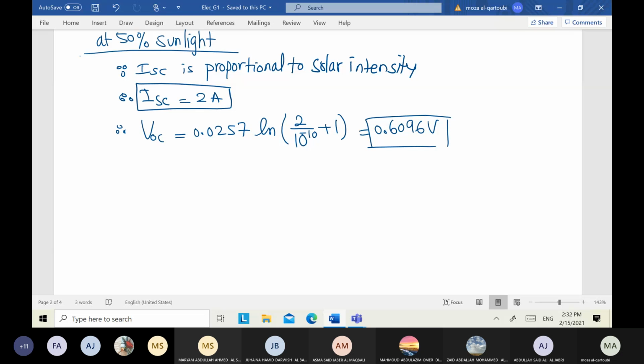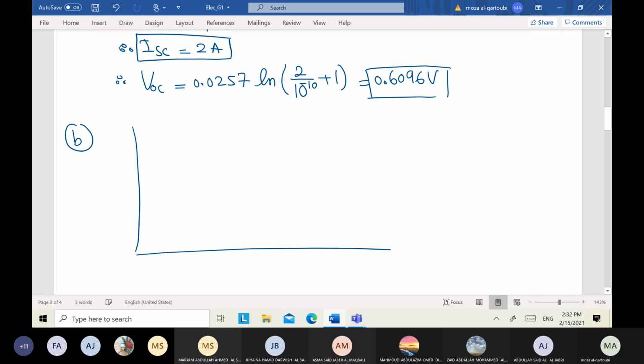So this is standard for the PN junction for solar PV. We need to sketch now the relation between voltage and current, this is part B. So voltage is on the x-axis, in volts, called V open circuit.